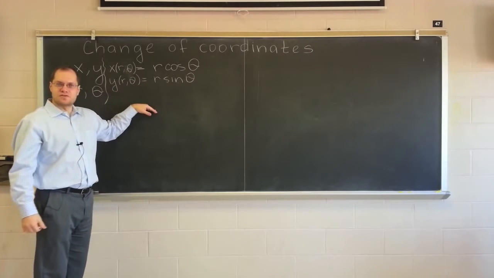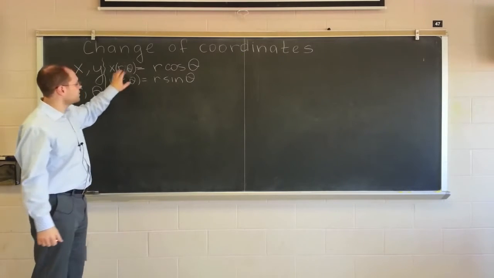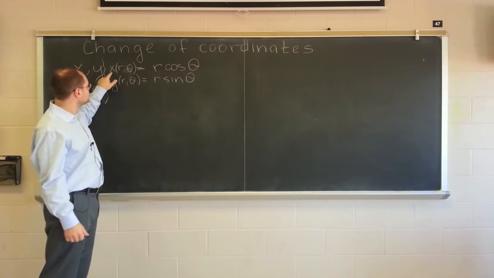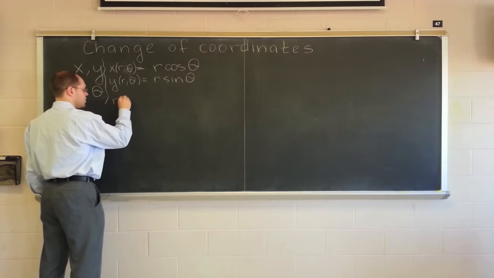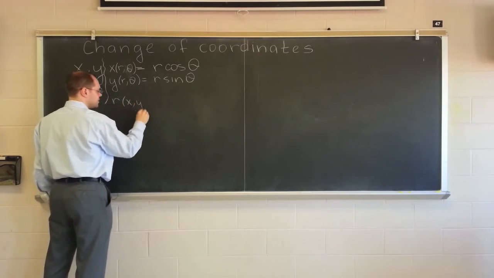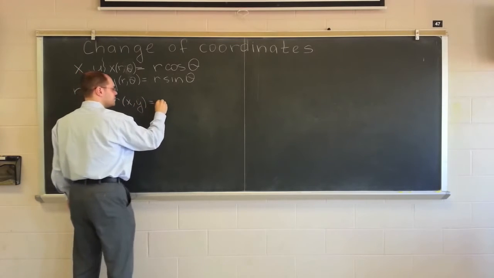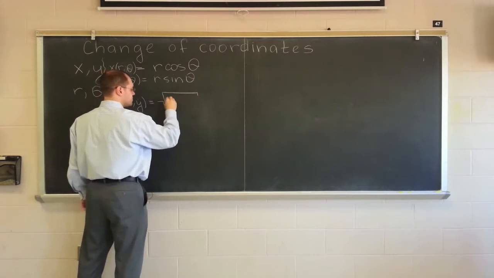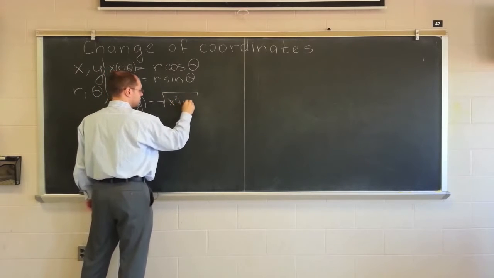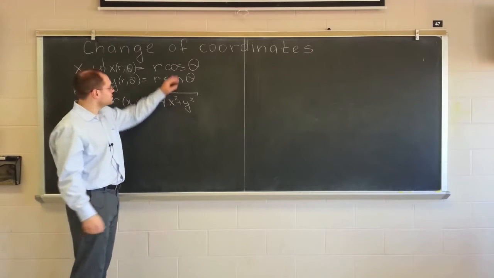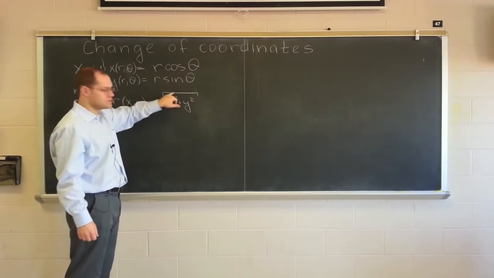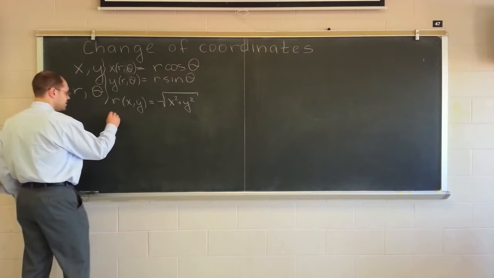There's, of course, an inverse relationship as well. r and theta can be expressed as functions of x and y. And these are very familiar expressions. r as a function of x and y is the square root of x squared plus y squared. All right, these two functions won't be as nice as these two. Square roots are not particularly nice.